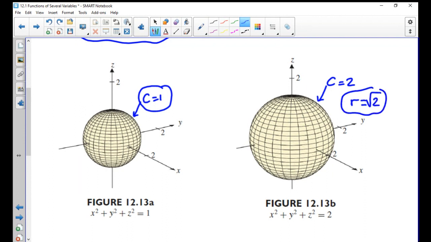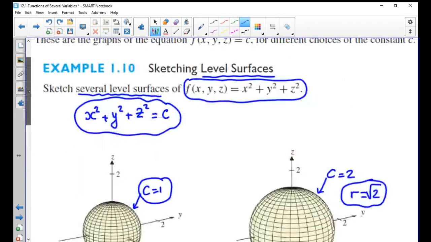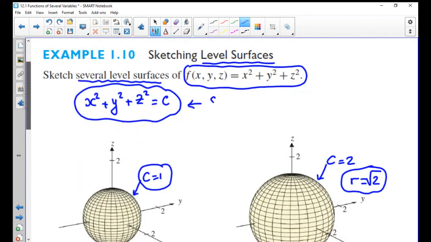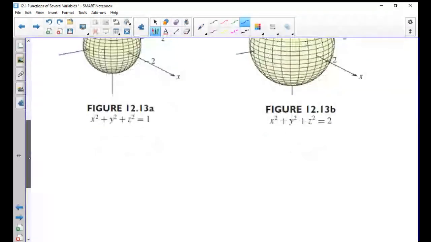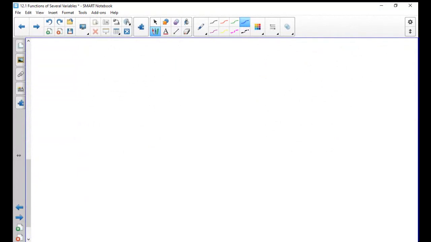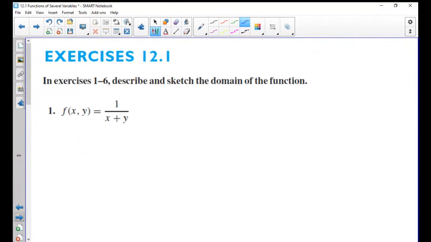It's always the radius. If you want, I can write here. Basically, this equation describes a sphere centered at 0, 0, 0, and the radius is square root of c. So these are the level surfaces. And that is basically this section.